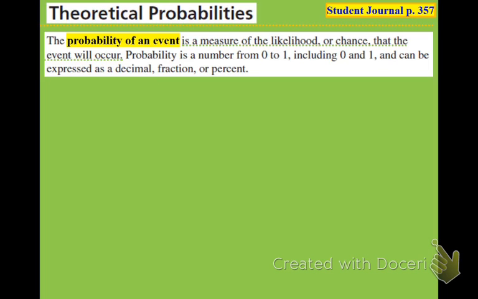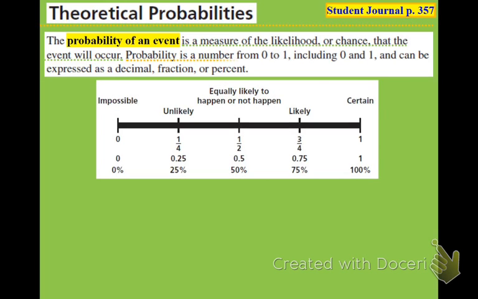So probability is a number between 0 and 1, including 0 and 1, and can be expressed as a decimal, fraction, or percent. I'll explain what that means. When it says between 0 and 1, what are the only things between 0 and 1? 0.5.